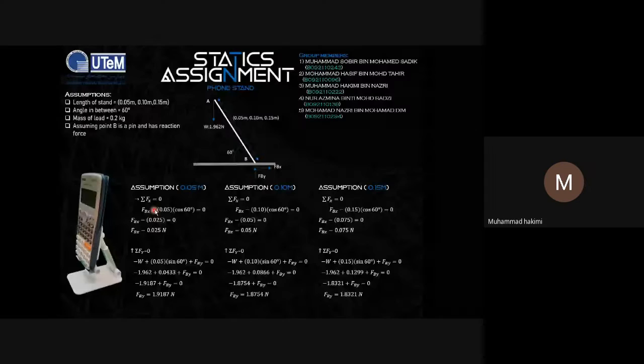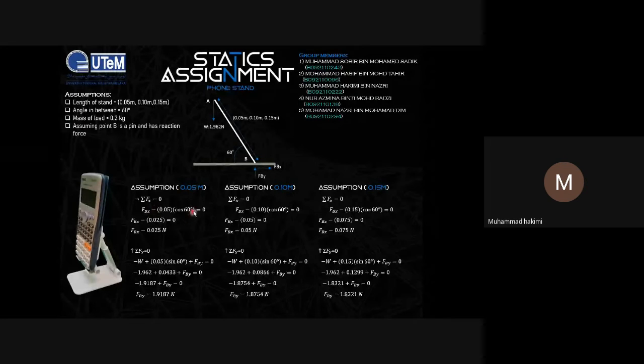So to find the reaction force NB at the point B on the x-axis, we just have to minus FBA. To find the force FBA, we just need to multiply the length of stand, which is 0.05, with cos 60 degrees, and then we bring it to the other side, and the reaction force at point B on the x-axis is 0.025 Newton.